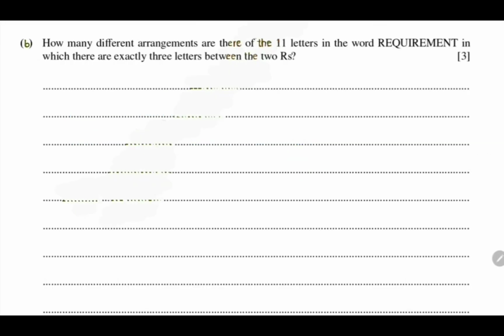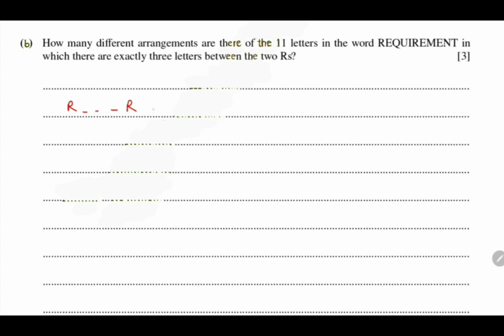In the same question, if you are asked how many different arrangements are there of the 11 letters in the word requirement in which there are exactly 3 letters between the 2 R's. So I will make an arrangement like this: R, 1, 2, 3, and then R. Overall there are 11 letters.